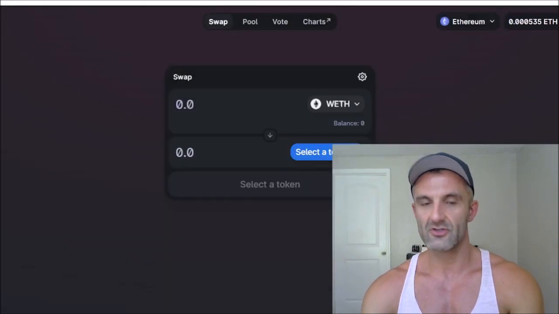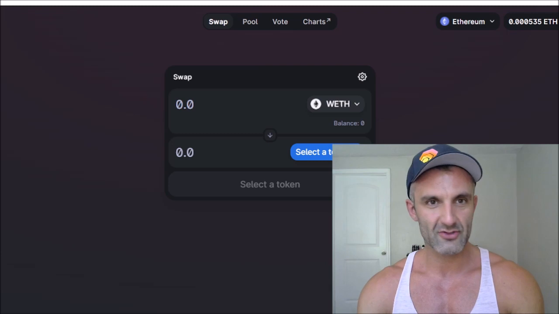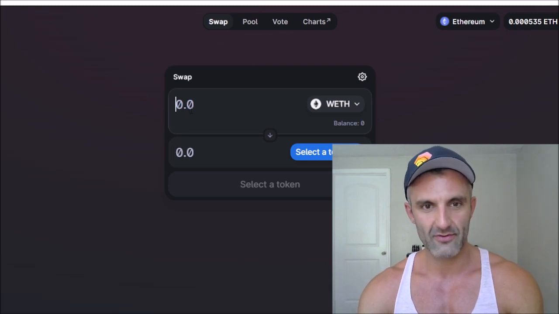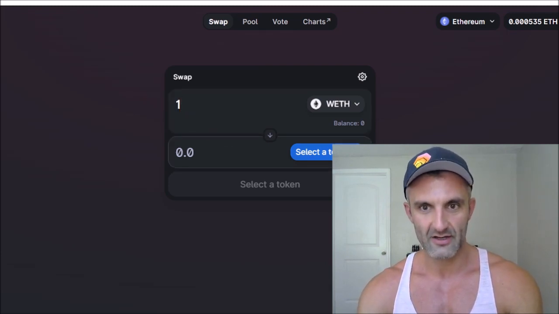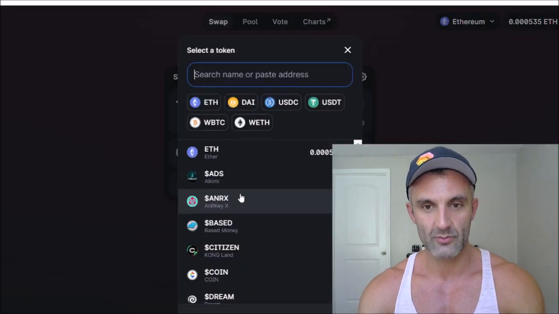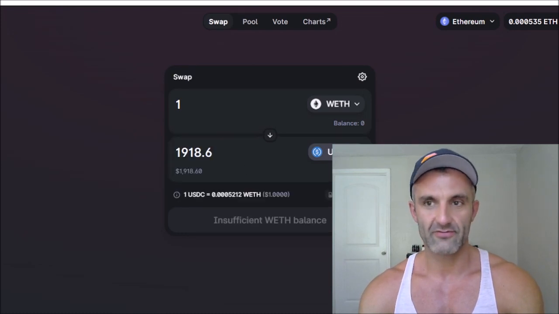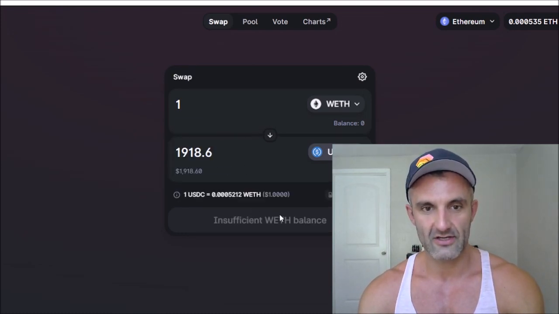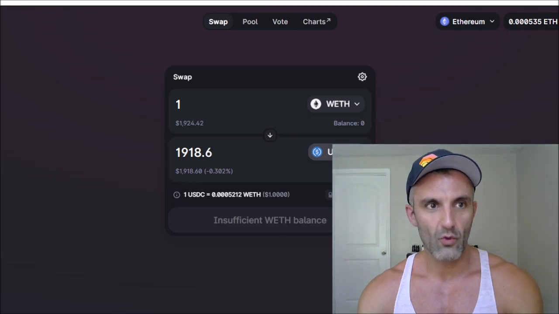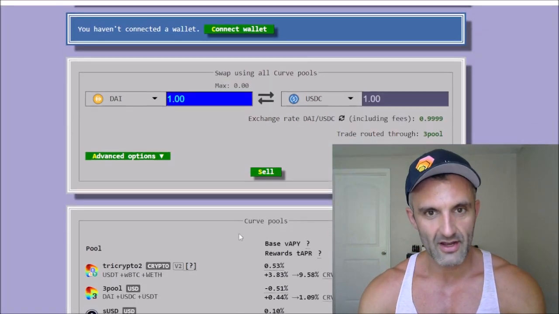Look at this. This is super simple, right? Super beautiful. What an awesome interface. You got one wrapped ETH, and let's put in USDC, and it calculates that for you, and you can just say trade, right? What in the frick is going on over here?